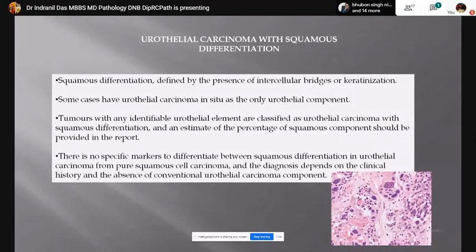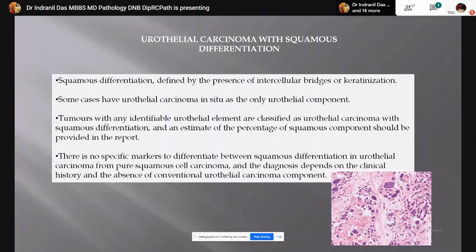That is the main differentiating point between pure squamous cell carcinoma of the urinary bladder and urothelial carcinoma with squamous differentiation. In pure squamous cell carcinoma of the urinary bladder, no urothelial component, even in the form of in situ, will be present. Whereas in urothelial carcinoma with squamous differentiation, a variable amount of urothelial component will be seen.